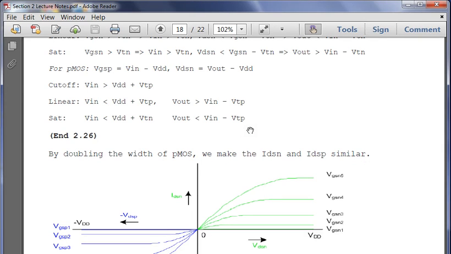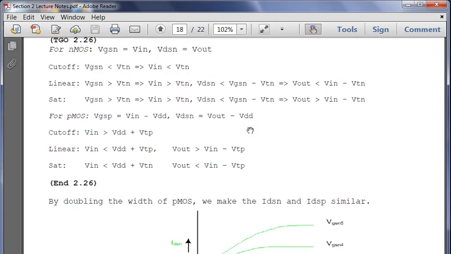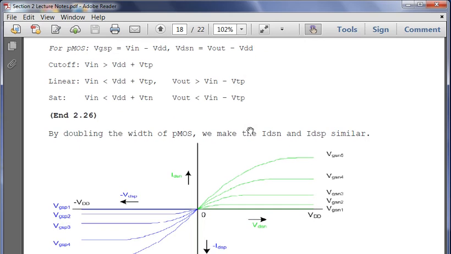So using this, we now can see another example of why we have to double the width of the PMOS transistors, because of the fact that our threshold voltages and the beta and the width and length impact capacitance, and because electron mobility is twice as fast as hole mobility. By doubling the width of the PMOS transistor, we can get these IDSN and IDSP to be the same, except they're obviously inverted sign.